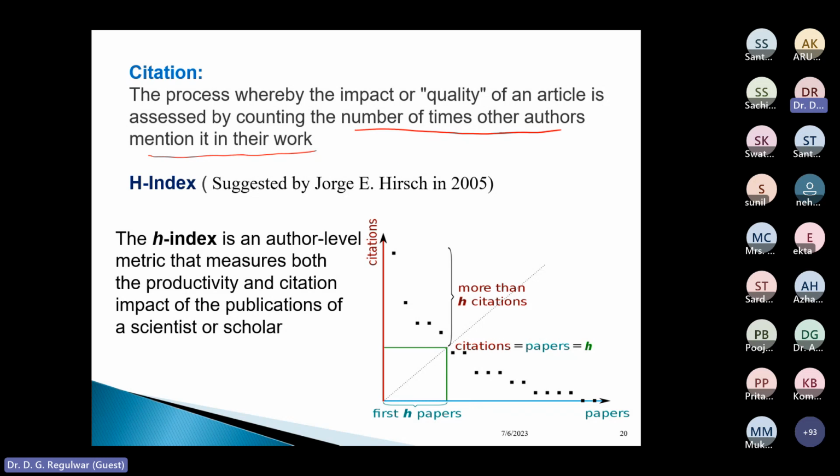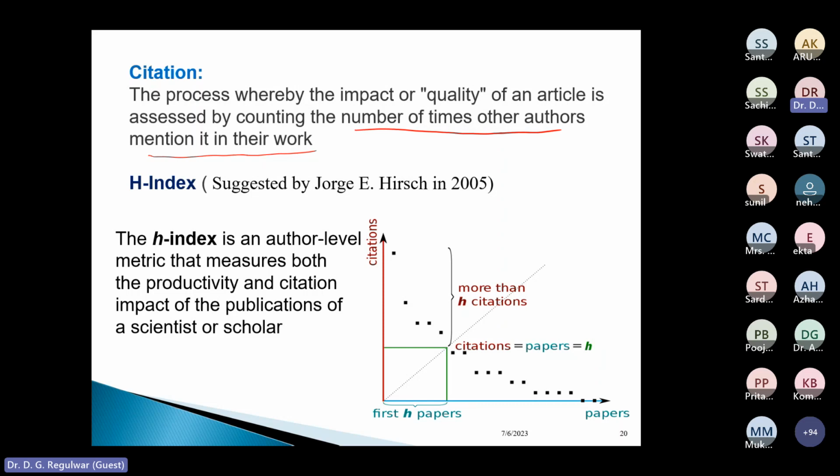Suppose for a paper I am getting 10 citations. That means that paper is read by maybe 100 people, but 10 research scholars have used it and mentioned it in their paper, which is published in some other journal. So I will get 10 citations.